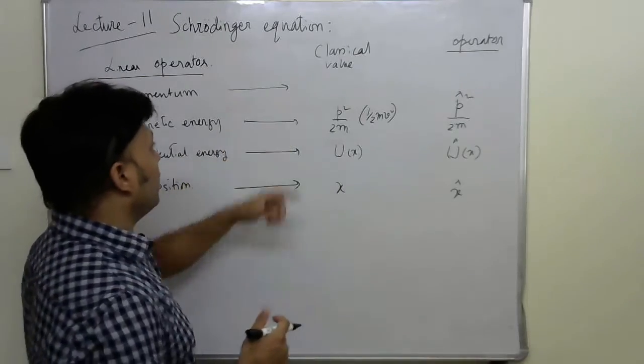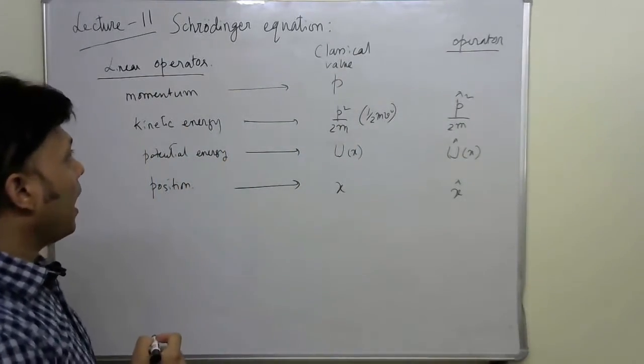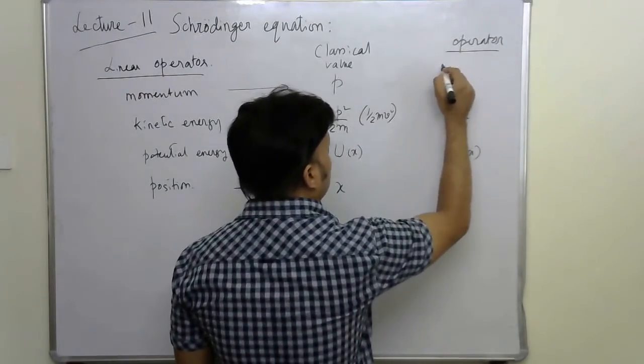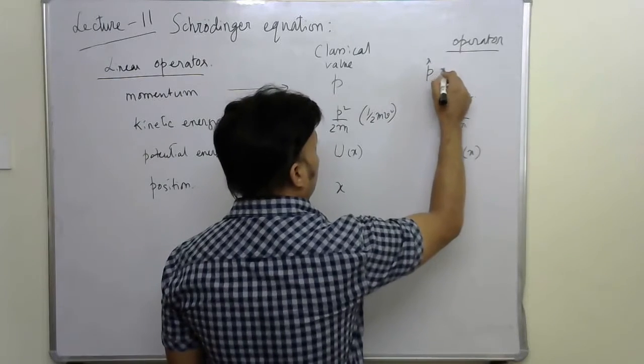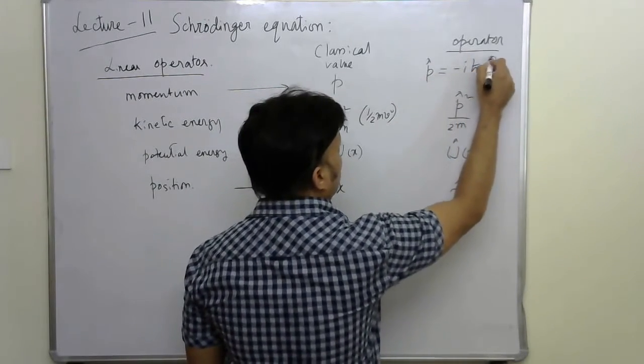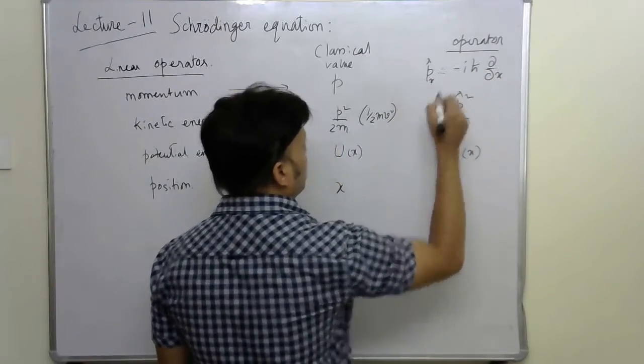And momentum: classically we can represent it by p, but the quantum mechanical operator is represented by p cap, and the value of p cap is minus i h cross del by del x.